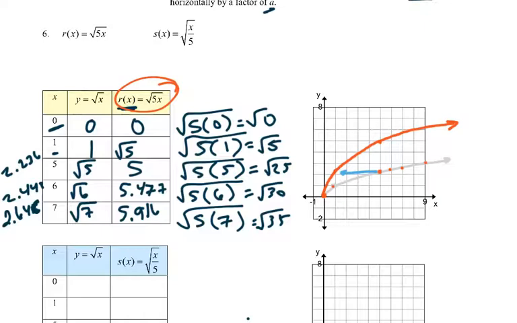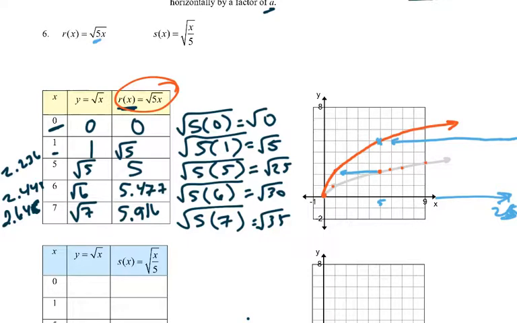And if you think about it, the value of the function at 5 right here on the original graph wouldn't have happened until you were all the way out at 25. So that got shrunk all the way from 25 back to happen at the x value 5. And so we can see that there's that horizontal shrinking going on in that direction.